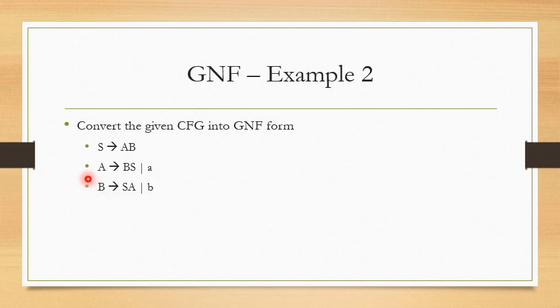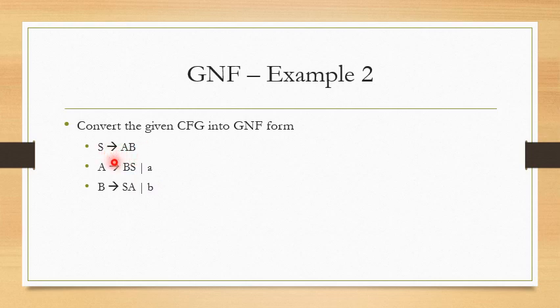Okay, so here you are given a grammar with 5 productions. For S you have 1 production, for A you have 2, and for B you have 2 productions. In this grammar there are no epsilon productions, there are no unit productions, and there are no non-generating symbols. S does not generate directly, but if instead of A and B I substitute small a and small b, I can yield a string of terminals.